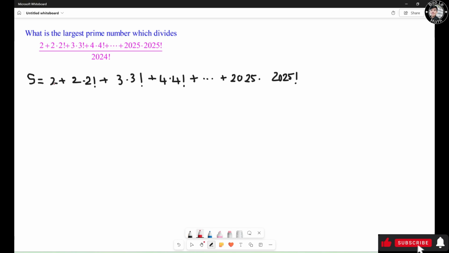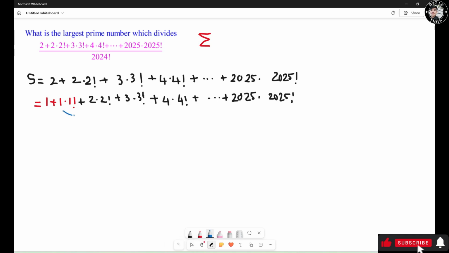Next, I'm going to split 2 into 1 plus 1 times 1 factorial, because I'm trying to use summation notation. I'll rewrite the rest.